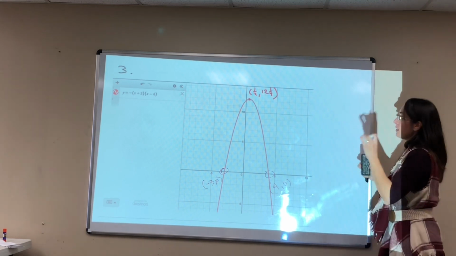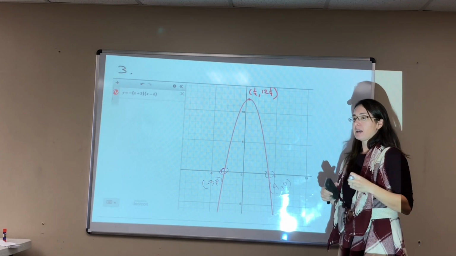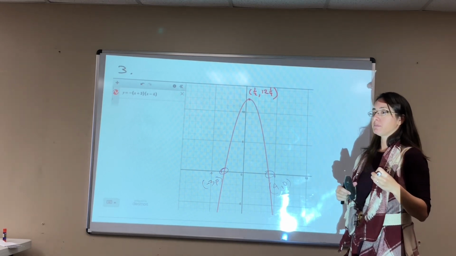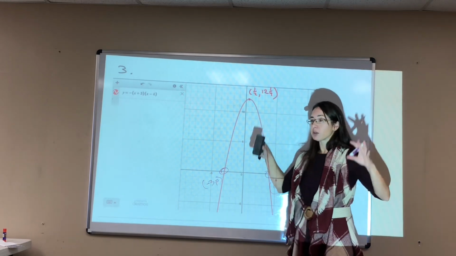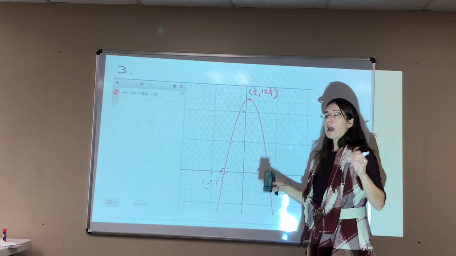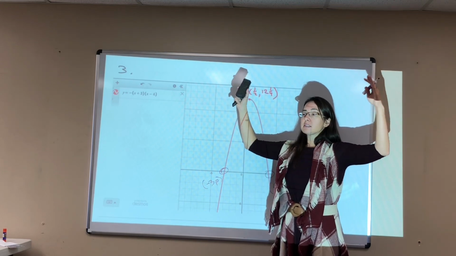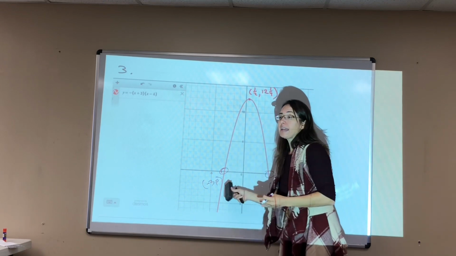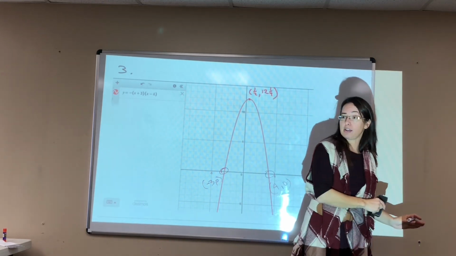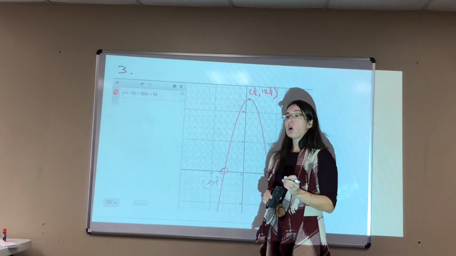There's also, let's figure out, where would the vertex have to be? Okay, I know I have it written up here. We're going to use some critical thinking skills. Parabolas are symmetrical. Symmetrical means they are identical on one side and on the other side, correct? The place where they're folded is called the what?